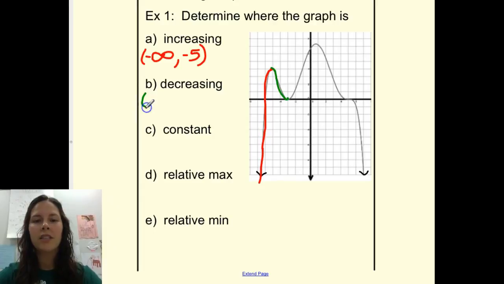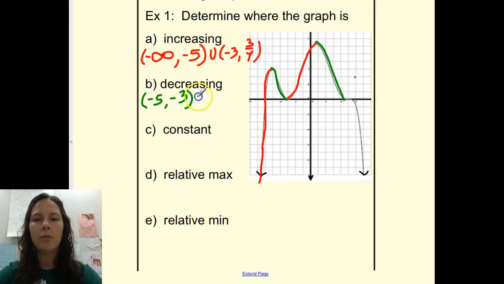So we are decreasing from -5 to -3. We turn again and we start increasing up to just shy of 1. We'll call that 3/4. So from -3 to +3/4. Then we turn and start decreasing. And there's a short little part of this graph where it's constant. So I'm going to say we're decreasing to about 4 1/4.